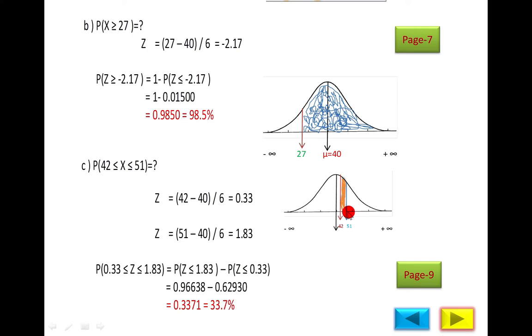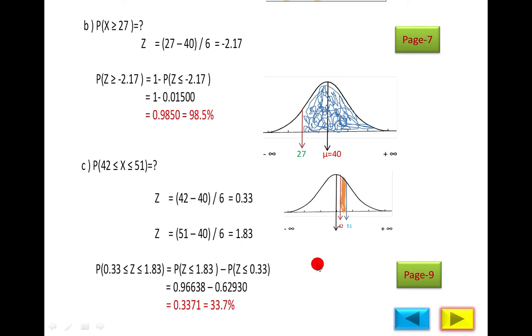Less than 51 means from minus infinity to 51, and the required condition is from 42 to 51. If you subtract the area from minimum value to 42 from the area up to 51, you will obtain the middle area. So less than 51 means z less than or equal to 1.83, minus the lower area of 42, z less than or equal to 0.33.